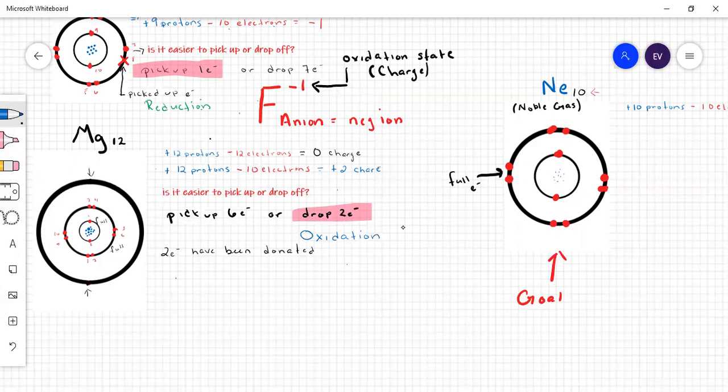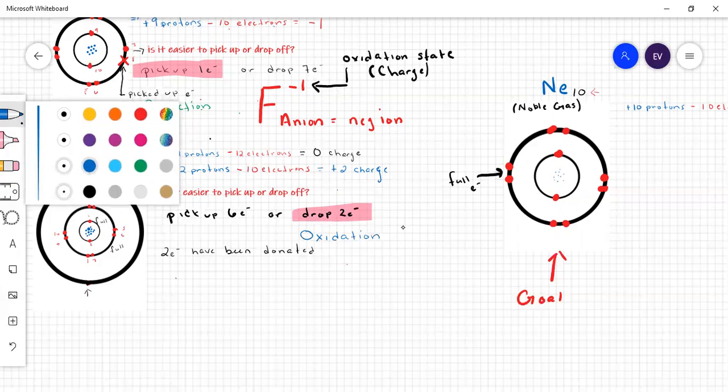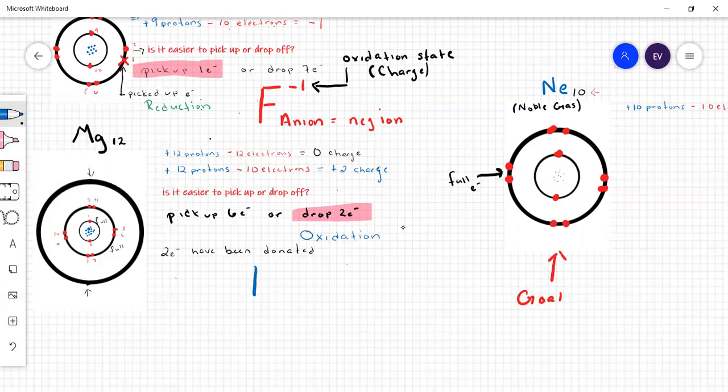I end up with a net positive charge, right? So what's happened to magnesium? Well, what's happened to magnesium is it's now an ion. And how do you represent an ion? Well, you write the chemical symbol, and then you write down the charge of the ion.